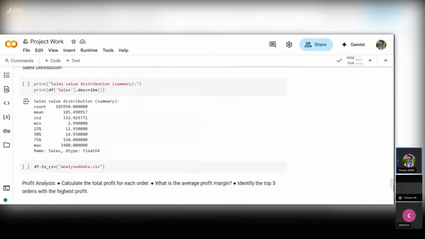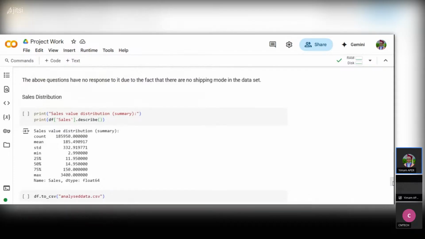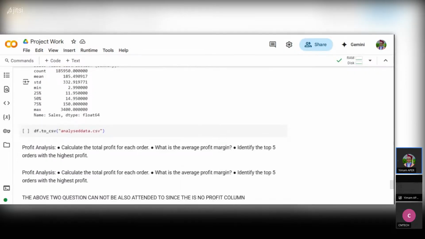So here I try to do a summary. Let me go up. Sales value distribution summary. I try to do a summary of everything that happened. Profit analysis. Calculate the total profit for each order. What is the average profit margin? Identify the top five orders with the highest profit.